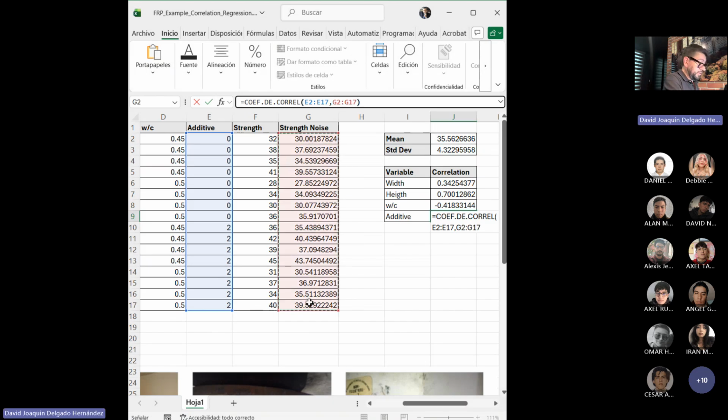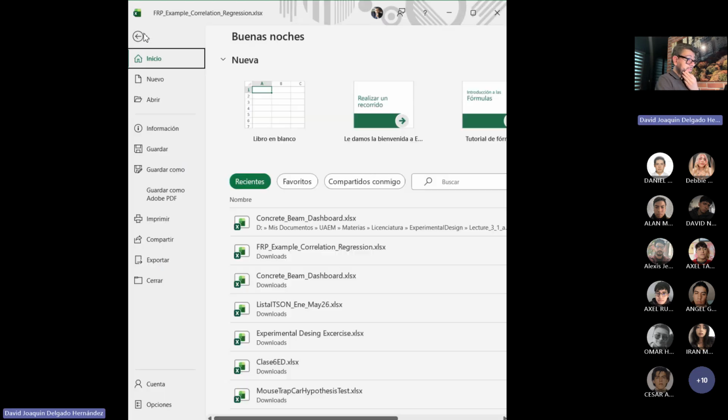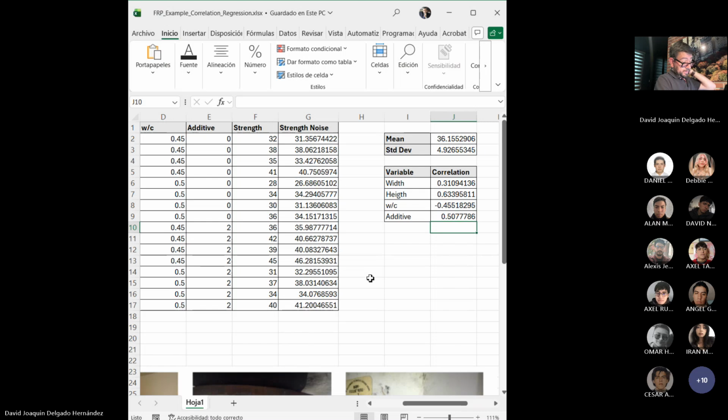Close the parentheses. And then I put enter. Okay. Let us save this.